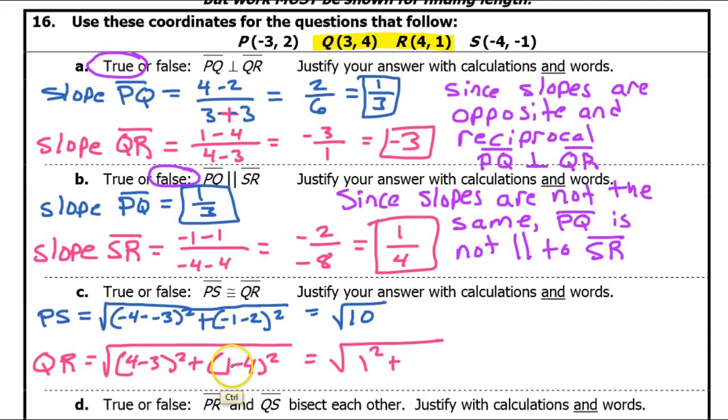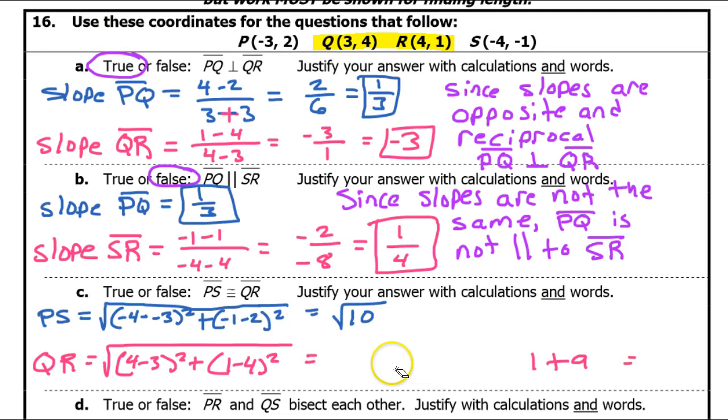1 minus 4 is negative 3. So this is really going to be 1 plus 9, right? Because 1 squared is 1 and negative 3 squared is positive 9. And guess what? That's 10, square root of 10.